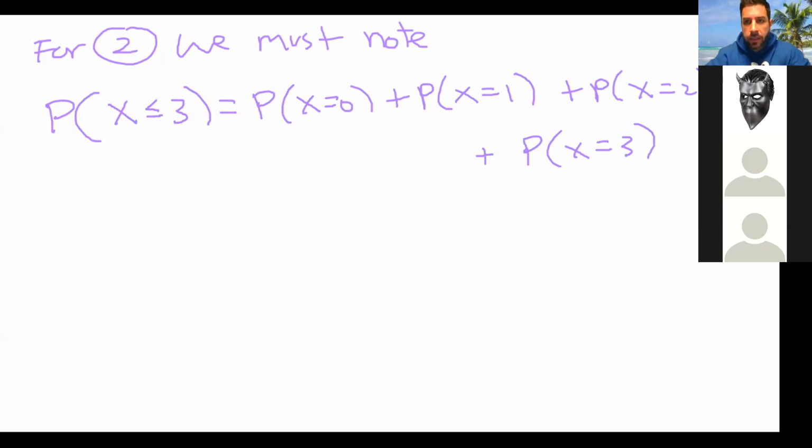So one of the nice things is if you go to your search bar, if you don't already know how to do this, you could probably go to Binomial Distribution Calculator. If you Google that, there are all kinds of applets that will do it for you. This one is StatTrek.